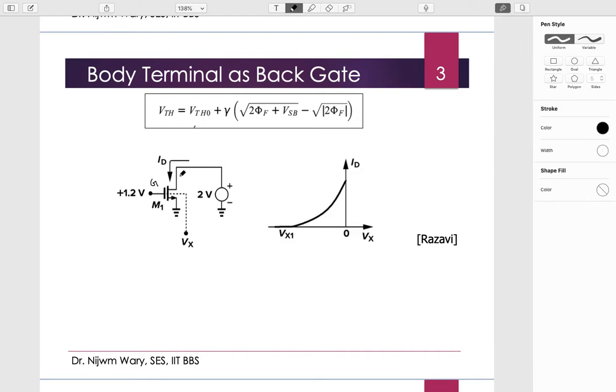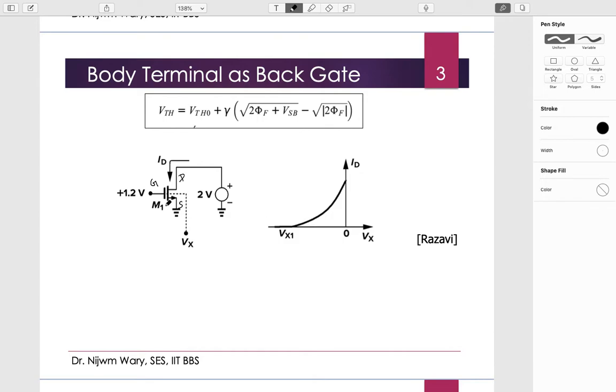This is drain, this is source, and suppose we are varying the bulk potential. Whenever the bulk potential is very low, basically this VSB is very high, then overall the threshold voltage is very high.